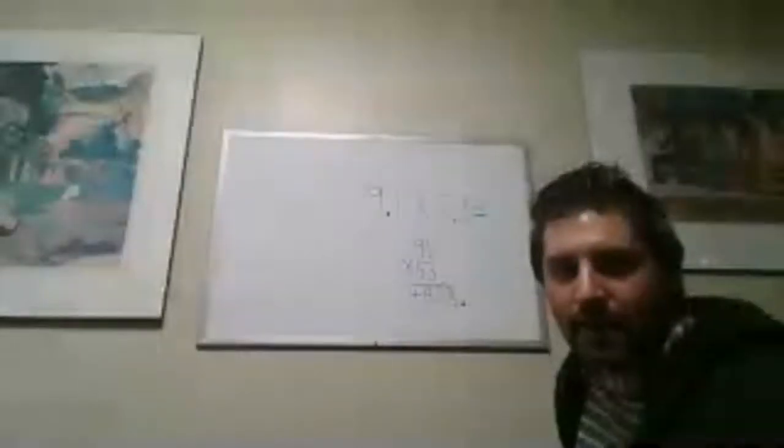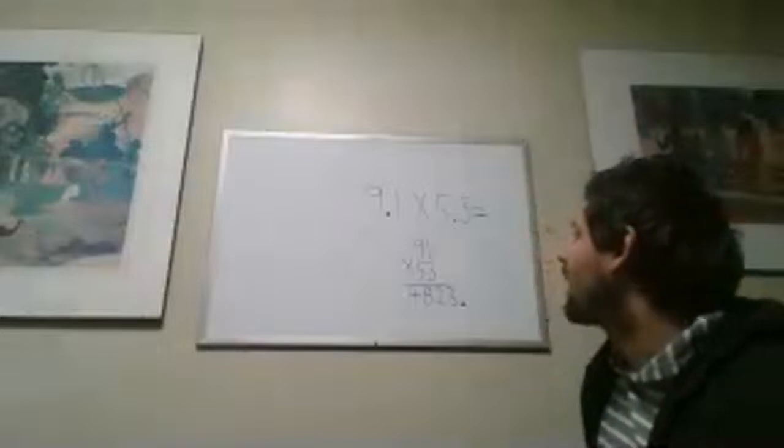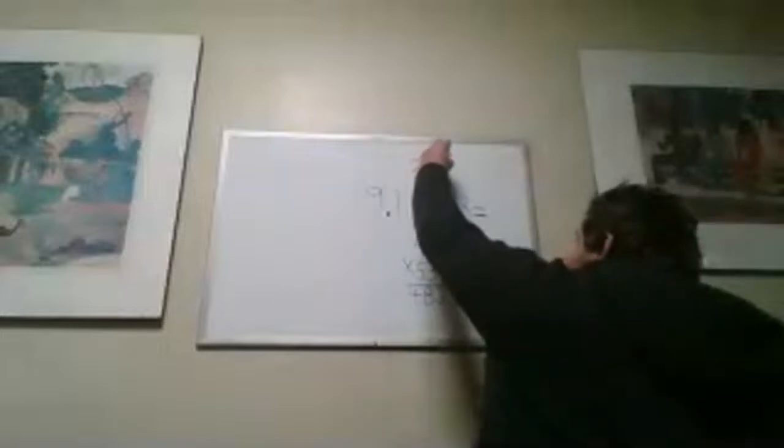And to determine how many places we move the decimal point over, we have to look at the problem and count how many digits are behind the decimal point. So here we have one number that's behind the decimal point in 9.1, and we have one number that's behind the decimal point in 5.3. So we have two places.